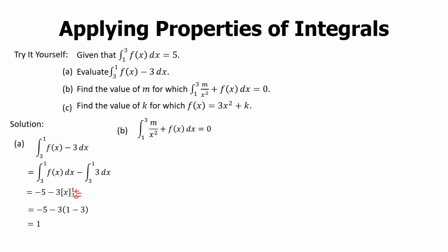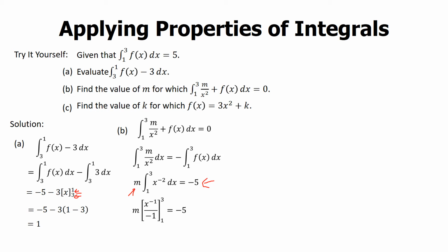For B, integration from 1 to 3 of m over x squared plus f(x) dx equals 0. So we can say that integration from 1 to 3 m over x squared dx equals negative integration from 1 to 3 f(x) dx, and we know that integration 1 to 3 f(x) dx is negative 5. m is a constant, so we can factorize the m outside the integration. So it becomes m integration from 1 to 3 x to the power of negative 2 dx equals negative 5.